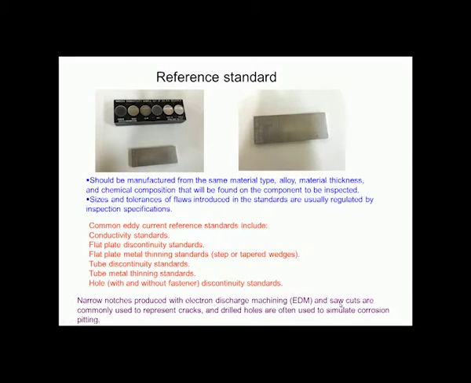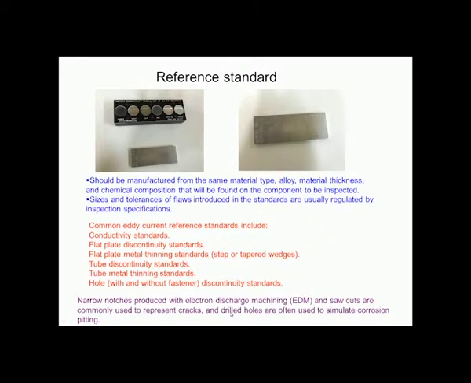And sometimes saw cuts are also used to represent cracks. So, this kind of lines which are cut out by EDM or saw cuts are used to represent cracks, and you can drill holes when you are inspecting corrosion damage.